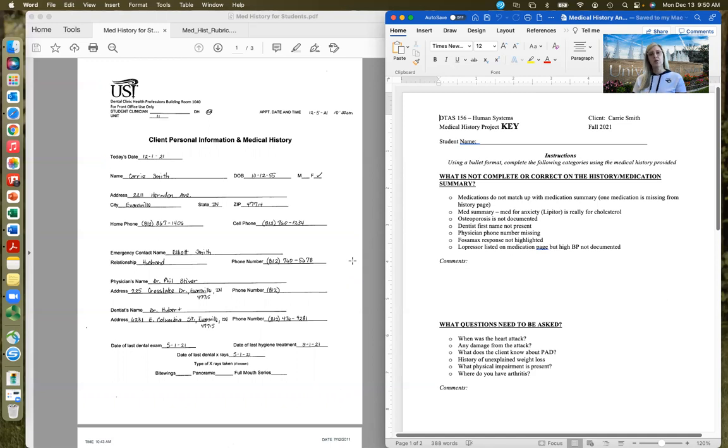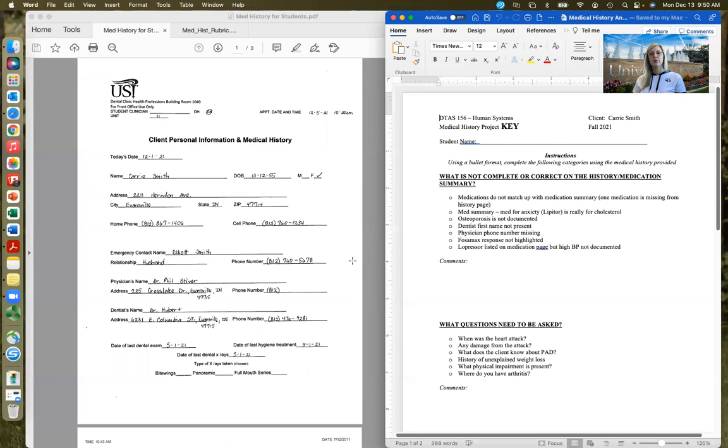So we need to know, do you see Dr. Adam or do you see Dr. Dave? Okay, so we always need to have the physician and the dentist's full name present so that we know who to contact for consultations or for follow-up information. So those are going to be the items that weren't complete or correct on the first part of the med history.